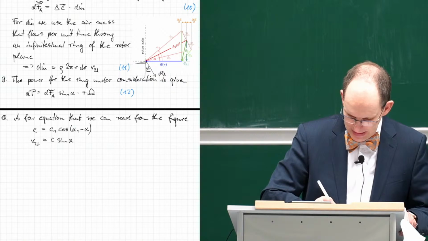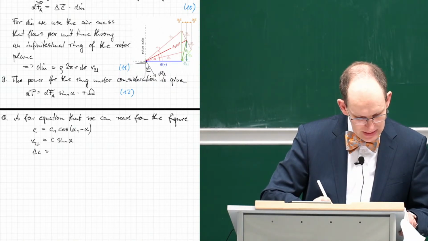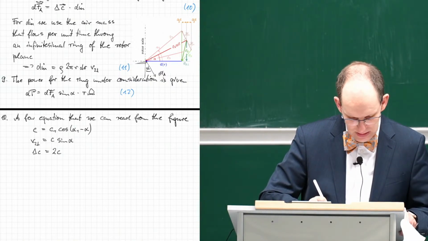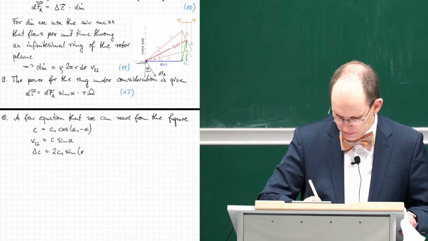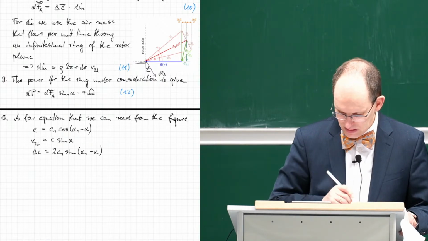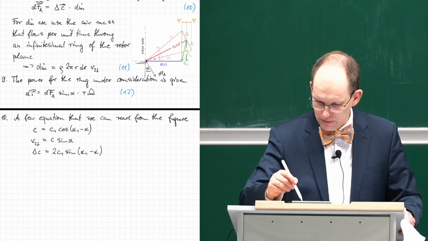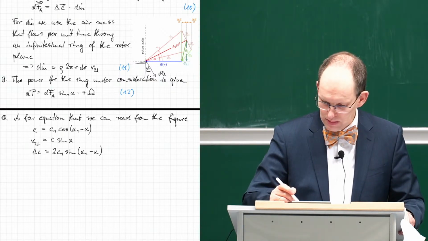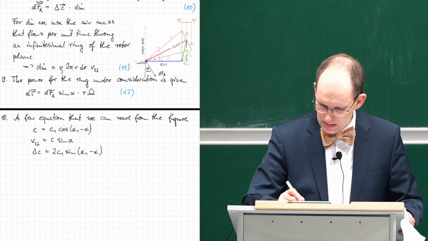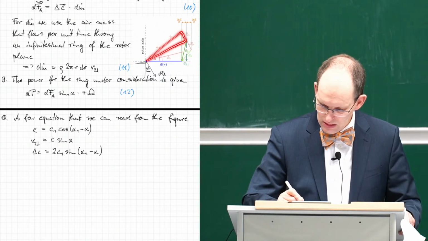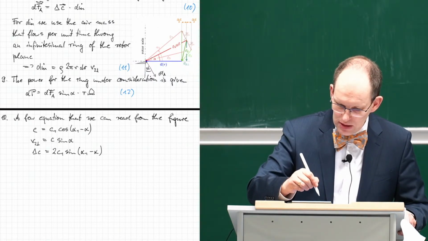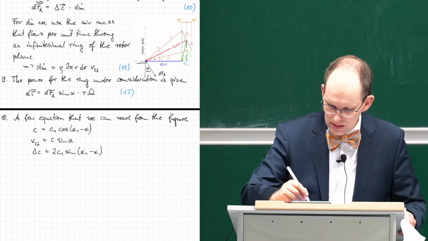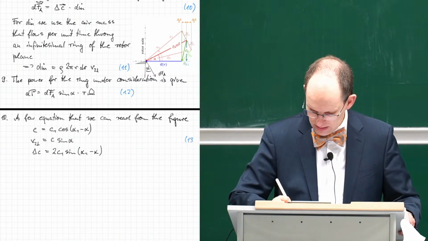And then we have delta C is equal to 2 times C1 times the sinus of alpha 1 minus alpha, which you can directly read from this triangle here. And these are equations 13A to C.